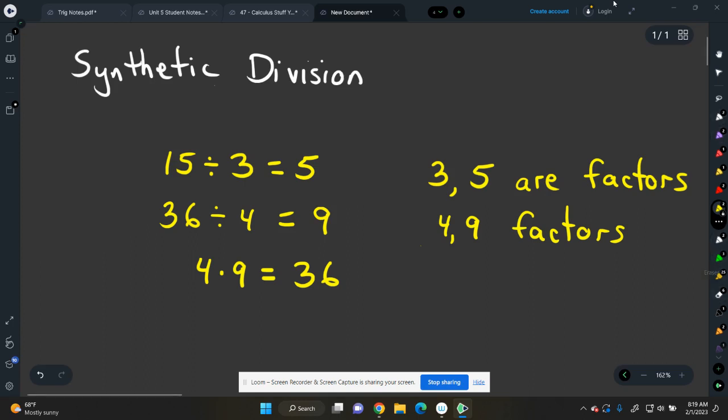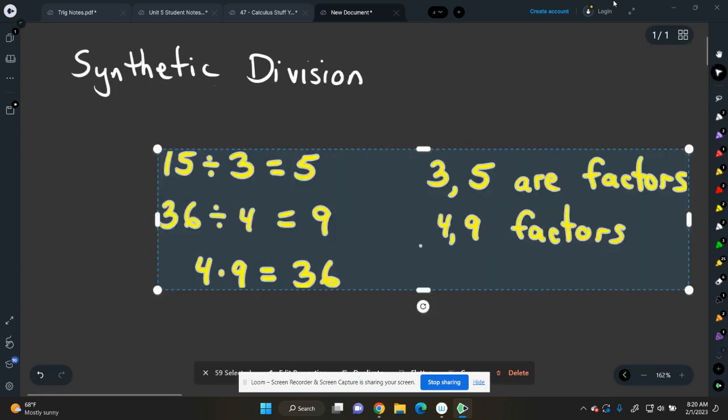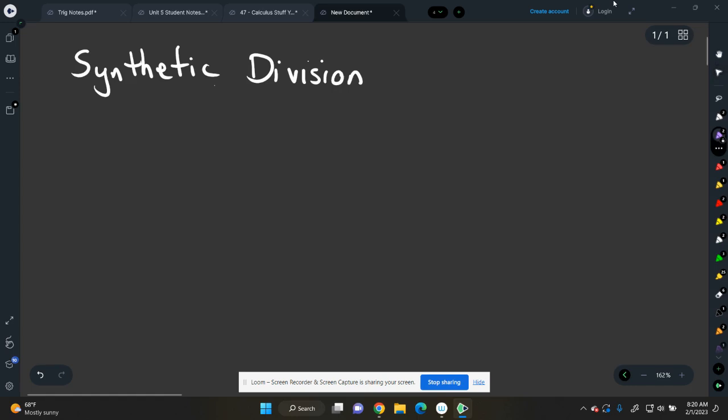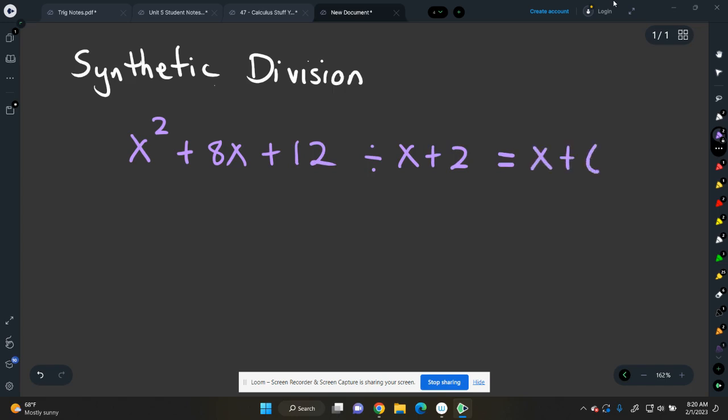When we perform division, like if we do x squared plus 8x plus 12, and we divide that by x plus 2, we're going to get x plus 6 as an answer with 0 remainder.